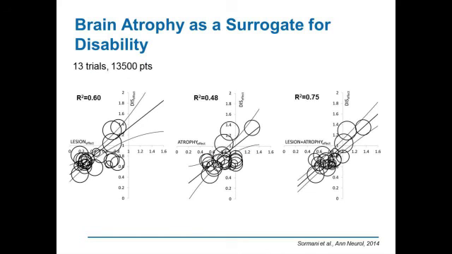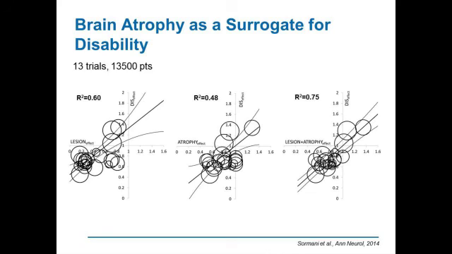In this slide, I'm showing you a meta-analysis pulling together all the clinical trials lasting at least 2 years and assessing the treatment effect on brain atrophy and on disability progression.